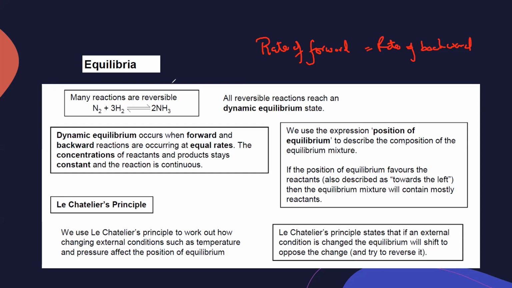So, for example, with nitrogen and hydrogen, if 1 gram of nitrogen and hydrogen form ammonia, at the same time 1 gram of ammonia will decompose and form back the nitrogen and hydrogen. Whenever the rates of the forward and backward reactions are the same, we call that equilibrium, and it is referred to as dynamic equilibrium.